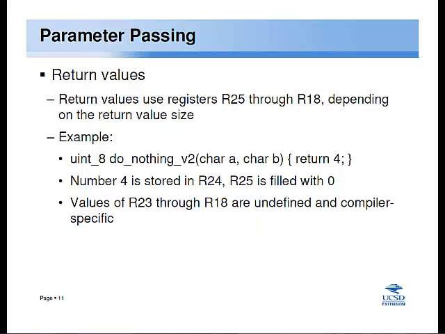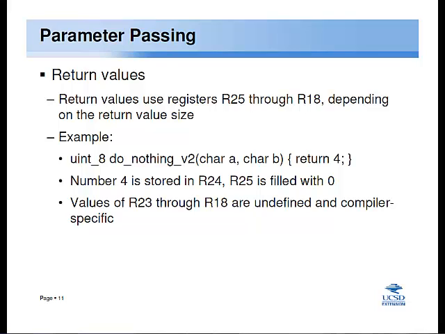And what about return values? The return value also uses register 25 through register 18 if there's still space. That's for return value hosting. The good thing for a C routine is that when it is being compiled, the compiler already knows how many parameters it will take, what the size of each parameter is, and what the return is.